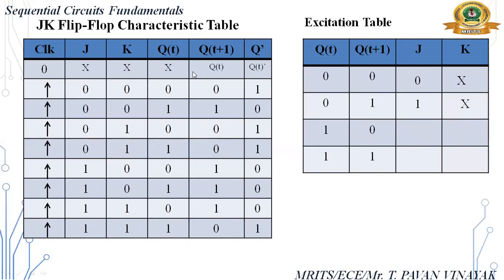So write don't care, 1. Next, check for 1, 1. 1, 1 is available here and here. So that is 0, 0, 1, 0. This is don't care and this is always 0.